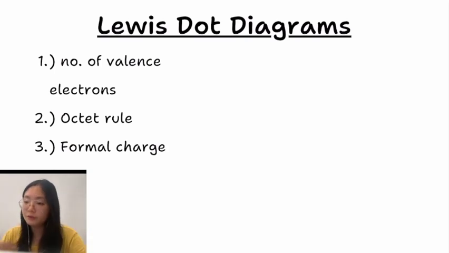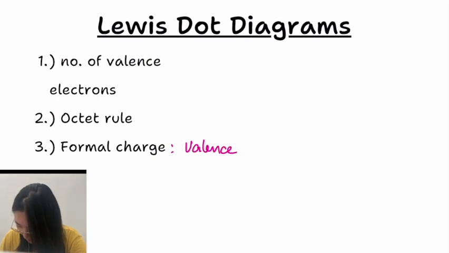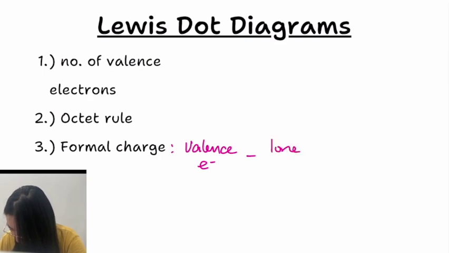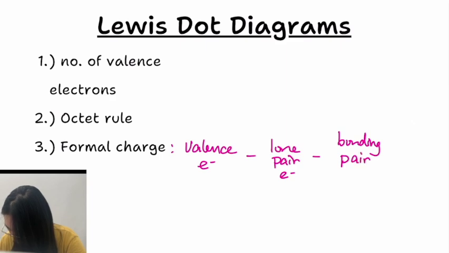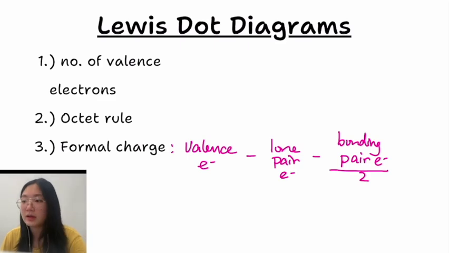Okay, so formal charge, how we calculate it is the number of the valence electrons minus the number of the lone pair electron minus the number of the bonding pair electron divided by 2.